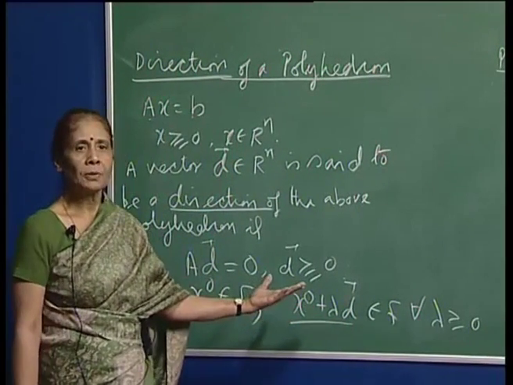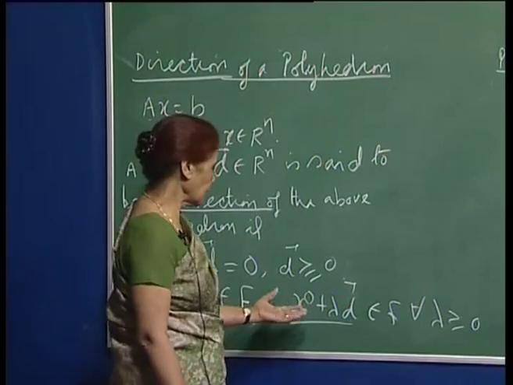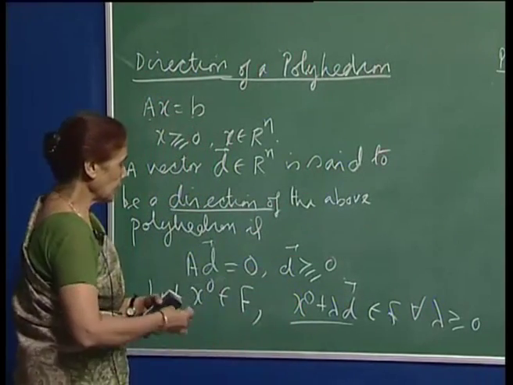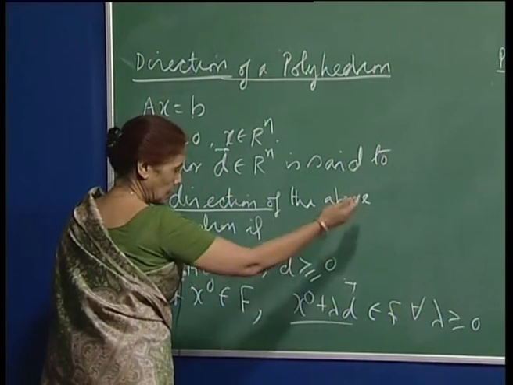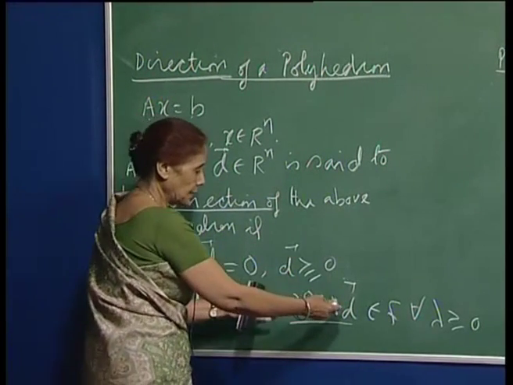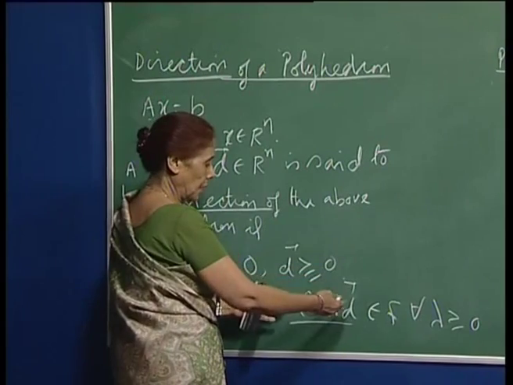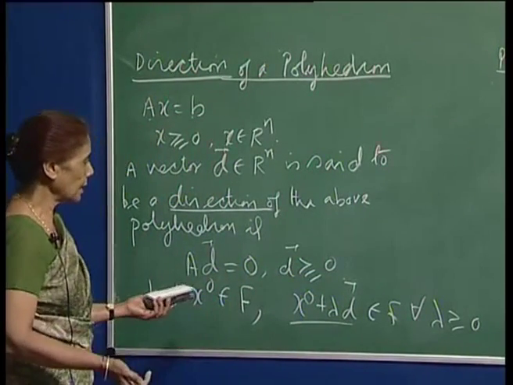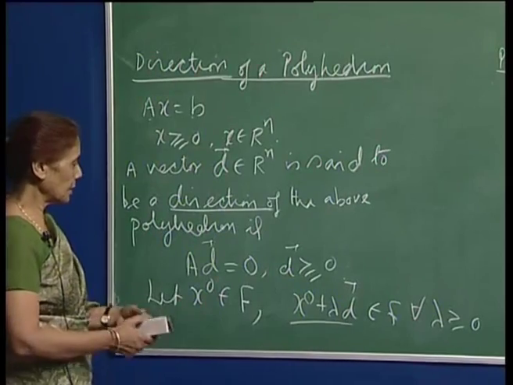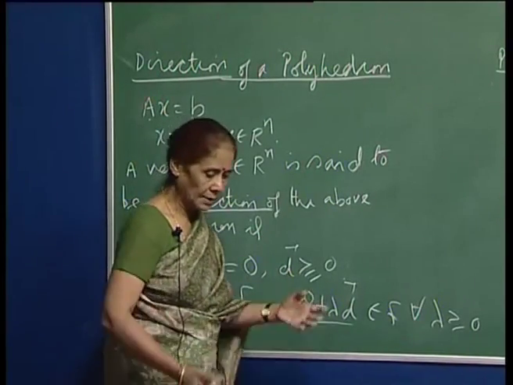And so that means that I can continue proceeding in the feasible region, because as lambda becomes higher and higher, this vector also becomes of a length higher and higher, and so I continue to remain in the feasible region no matter what the value of lambda is, as long as it is non-negative.